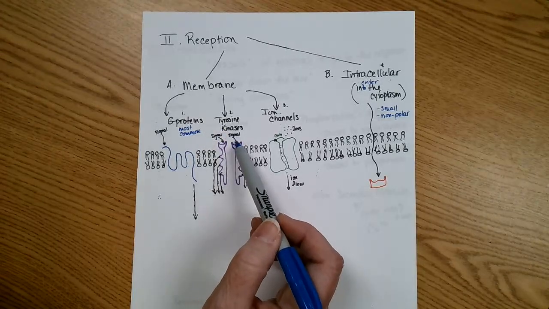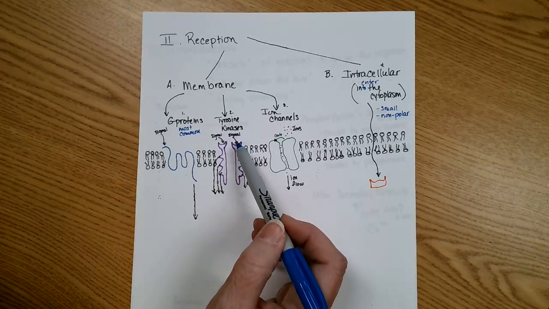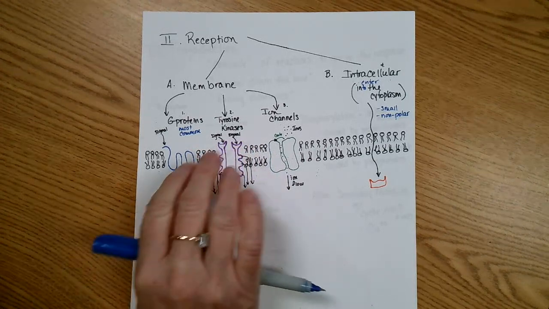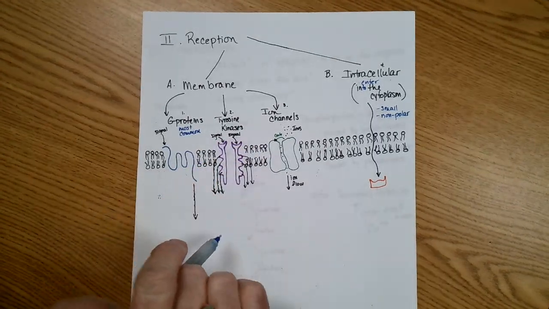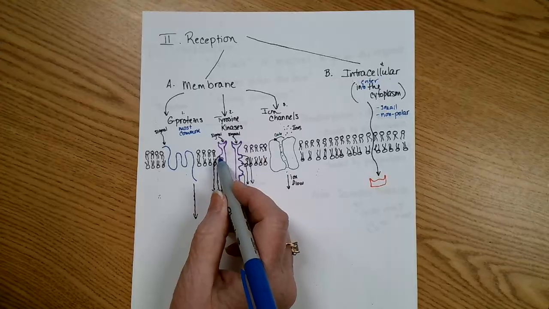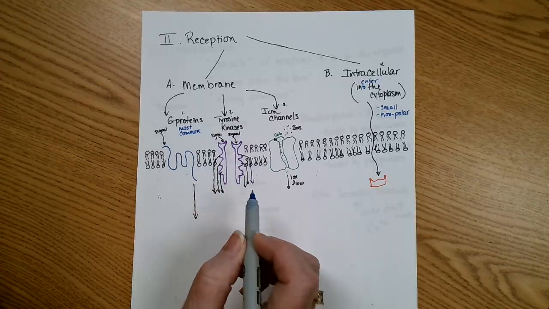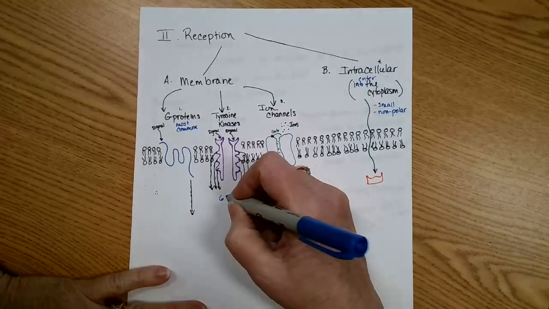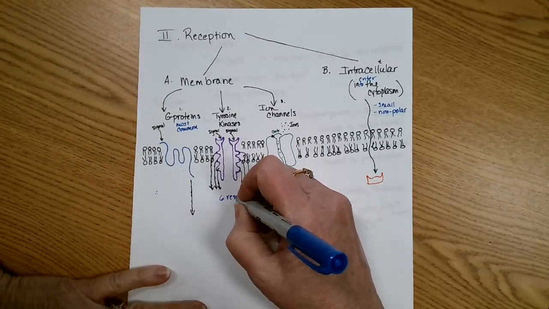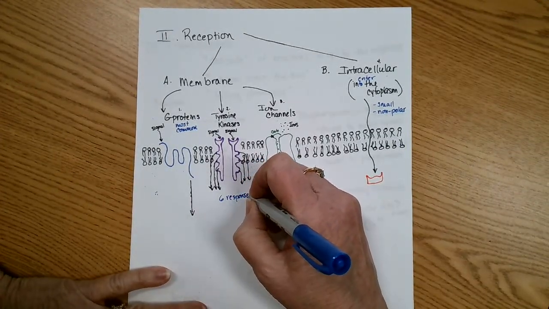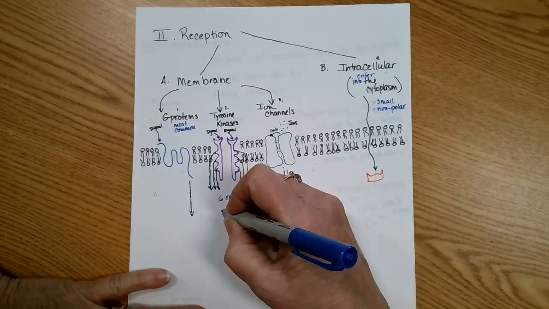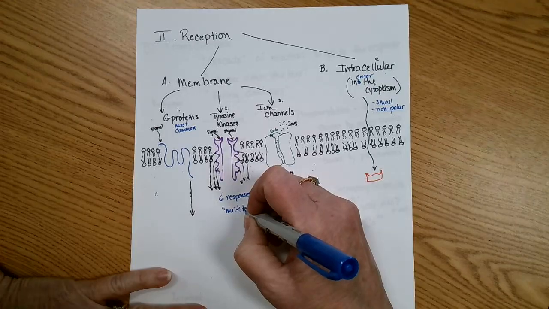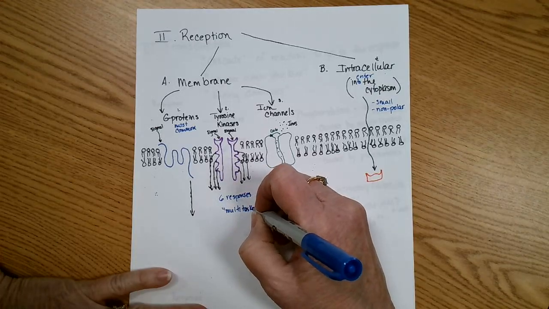When 2 signals come along, these 2 molecules will merge together, and ATP will start to phosphorylate each little nubby, which means you'll get 6 responses. So I like to call the tyrosine kinases the multitaskers. Okay, they're going to get a lot done.